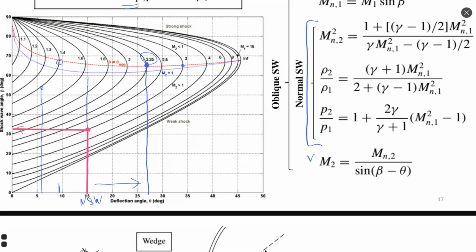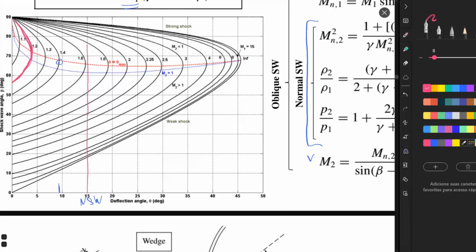My Mach 1.2 here, I mark by a red line, does not have any intersection with 15 degrees. It means that if we have Mach 1.2 and 15 degrees of theta, it will never produce a reflected oblique shock wave. There is physically no reflection between the curve of Mach 1.2 and 15 degrees of theta. As you can see here, there is a huge distance between these curves, so they never intersect.